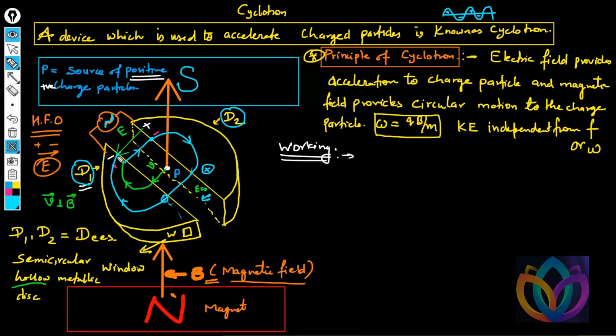Again, the charged particle will be accelerated towards D2, and it will follow the same process again and again. Finally, the accelerated charged particle will come out of this window and collide with the target, whichever target you want to hit. I hope the working part is clear to everyone. Tell me.